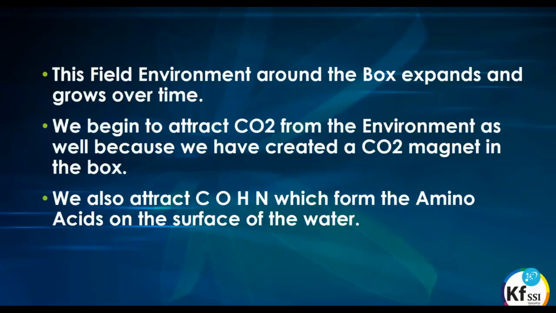And we also attract a lot of the carbons, oxygens, hydrogens, and nitrogens, which form the amino acids on the surface of the water. After a couple of weeks of letting your setup run, you will start seeing a shiny, oily layer on the surface of your water. That is essentially the amino acids which collect on the surface of the water.